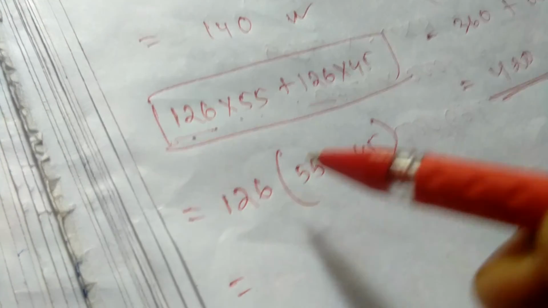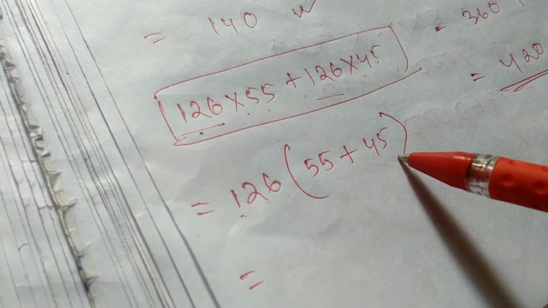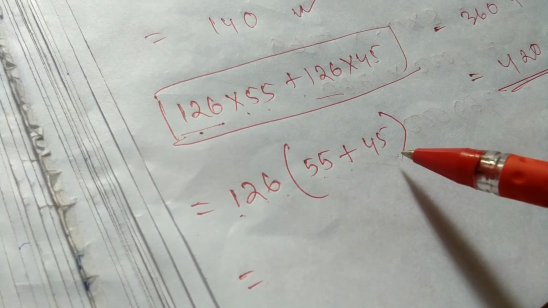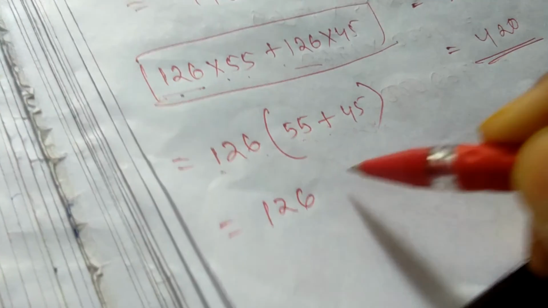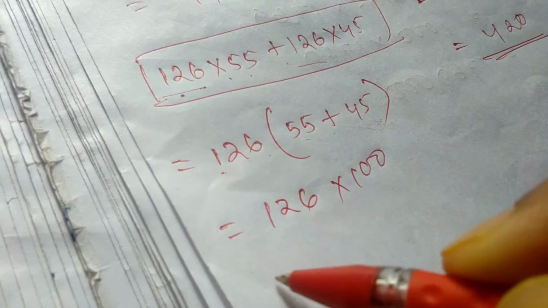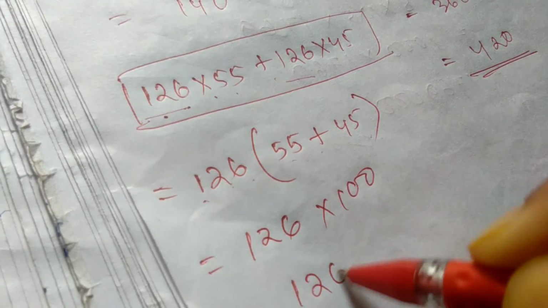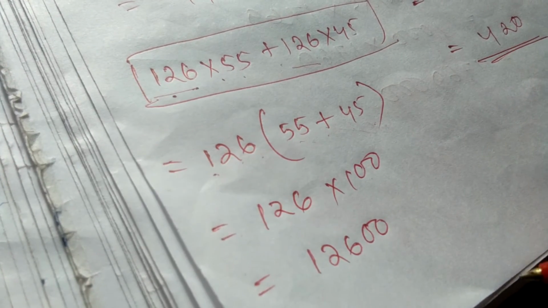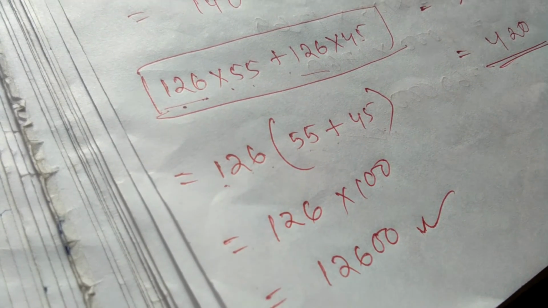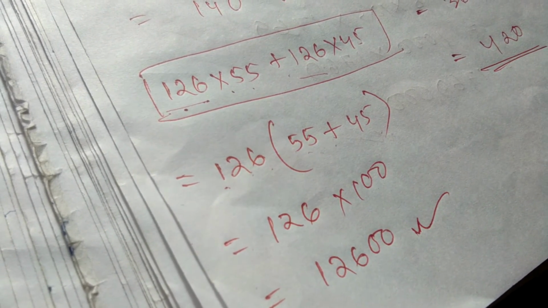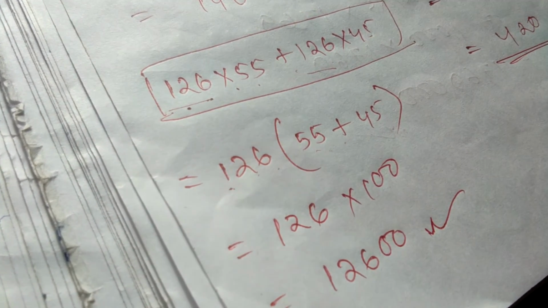So now we have 126 into 55 plus 45, and we know that 55 plus 45 is equal to 100. So easily we can write 126 into 100, that is 12600. So that is our answer, 12,600. This is also under the property of distributivity of multiplication over addition.